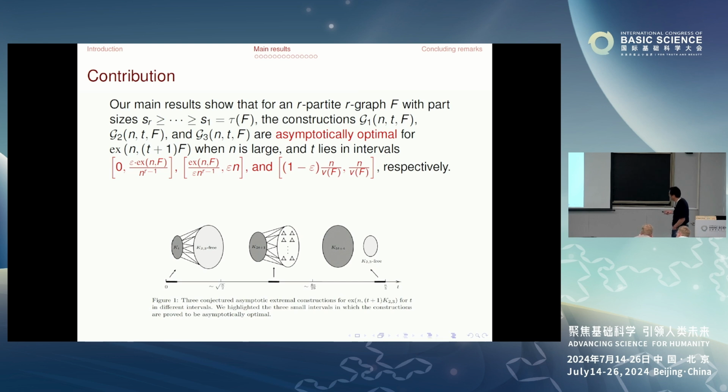When t lies in this next interval, a jump from this one to n from some small constant, this shows that G2 is asymptotically optimal. And similarly, G3 is in here.